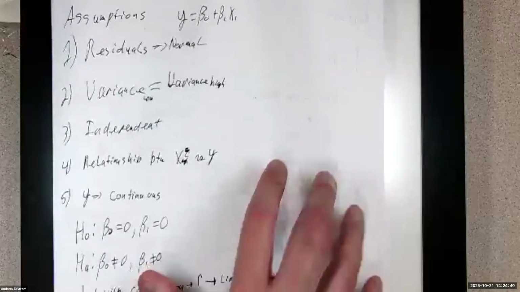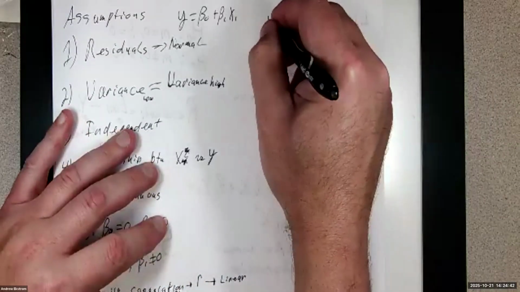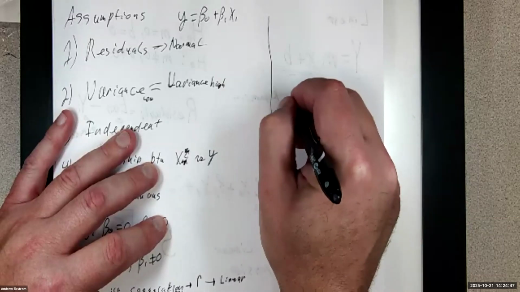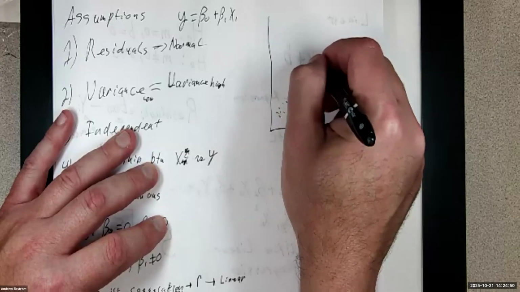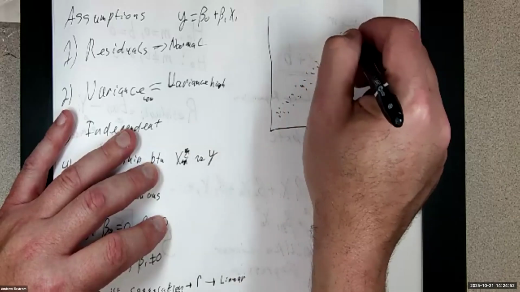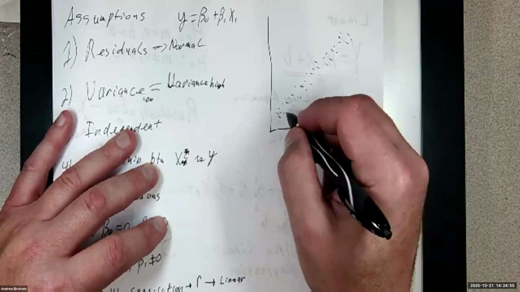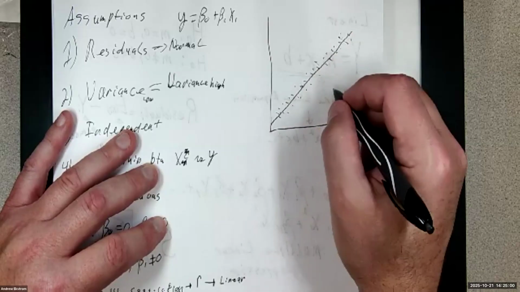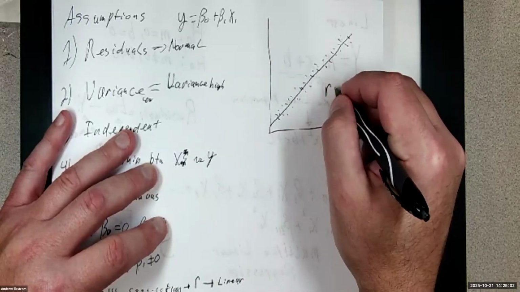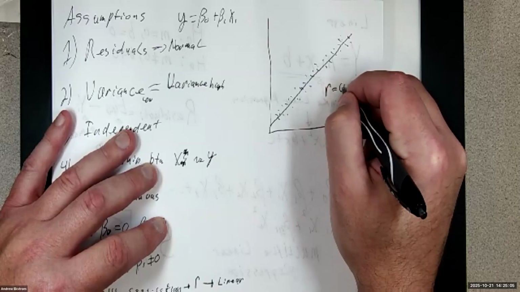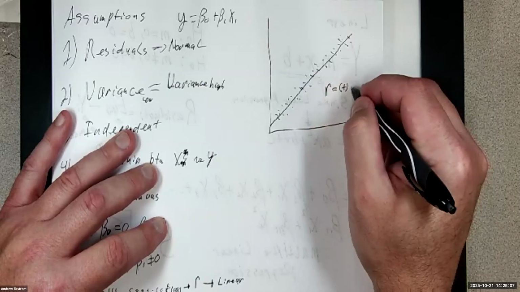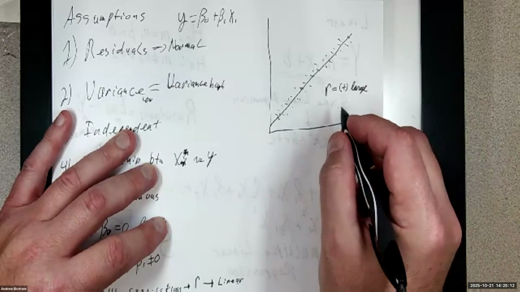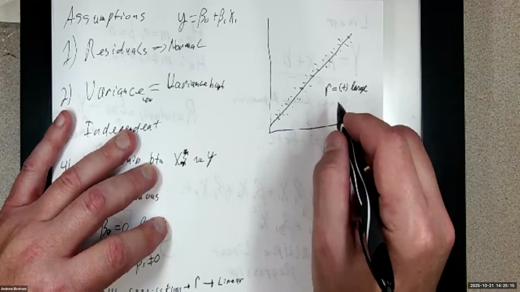So if I've got some data, and let's say I plot it, and my data ends up looking like that, I can draw a regression line through there. And the R value that I'm going to get here is going to be positive as well as being large, at least as far as R goes.